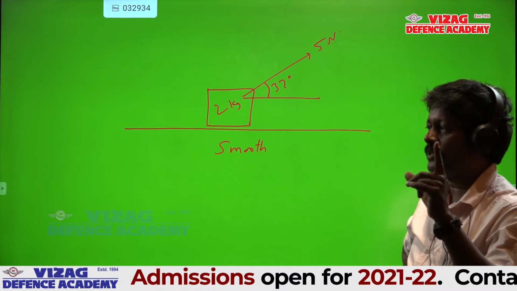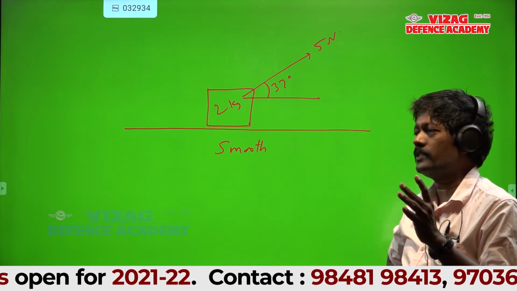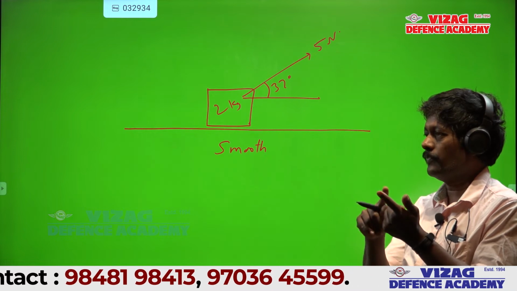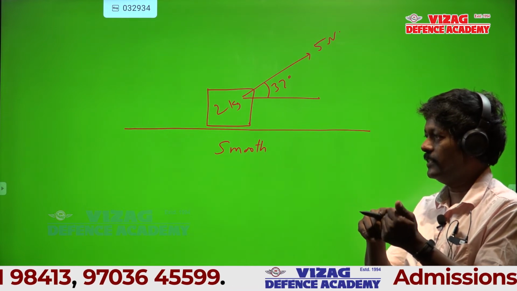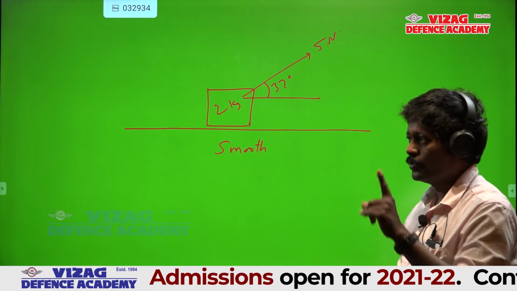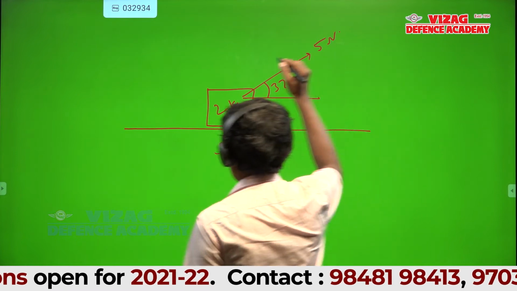Now in your 10th standard, you know sine, cos, tan values of 0 degree, 30 degree, 45 degree, 60, 90. But 37 you don't know. So 37 you have to keep in mind.